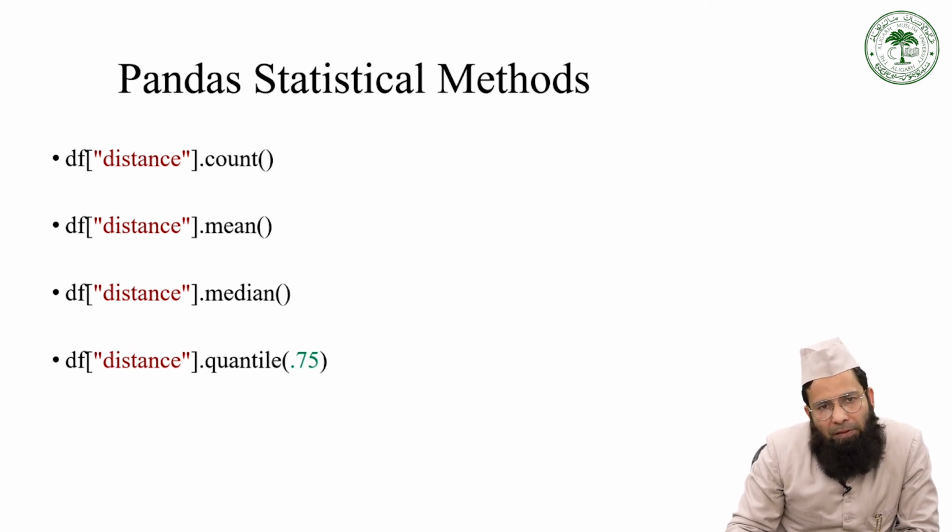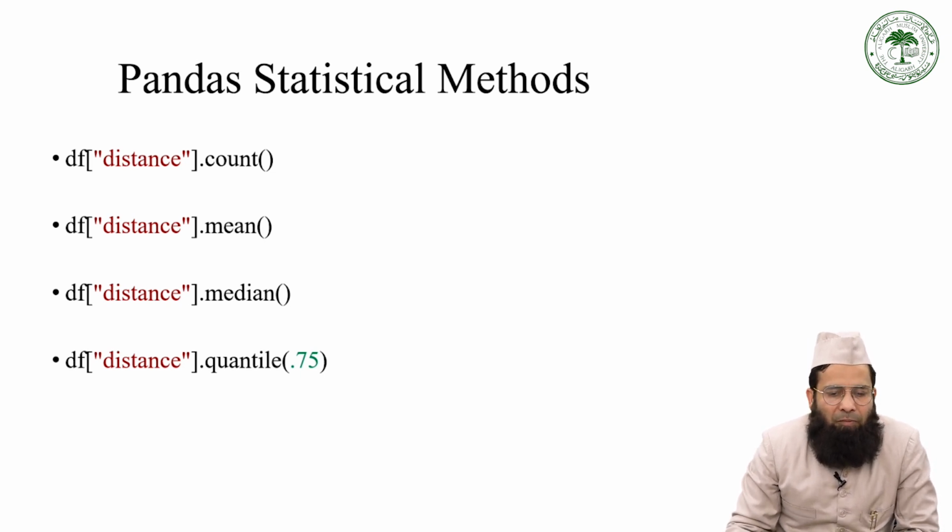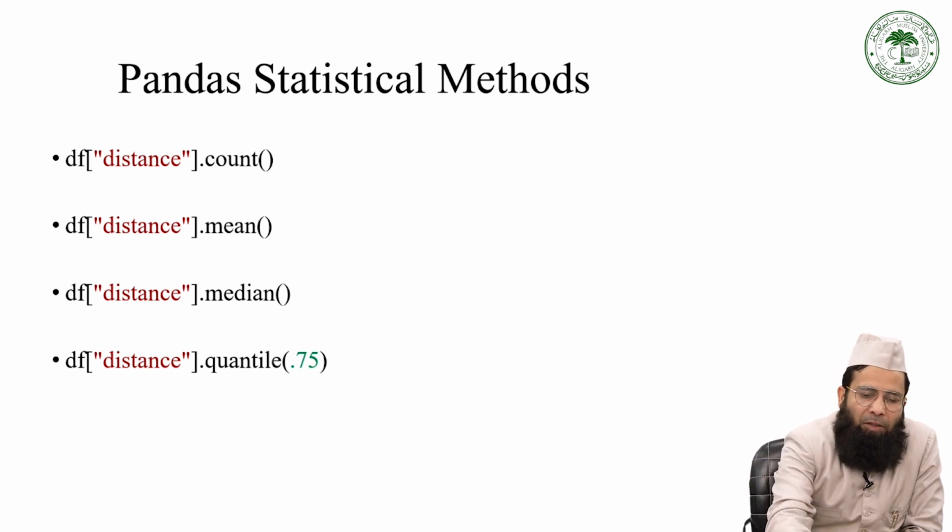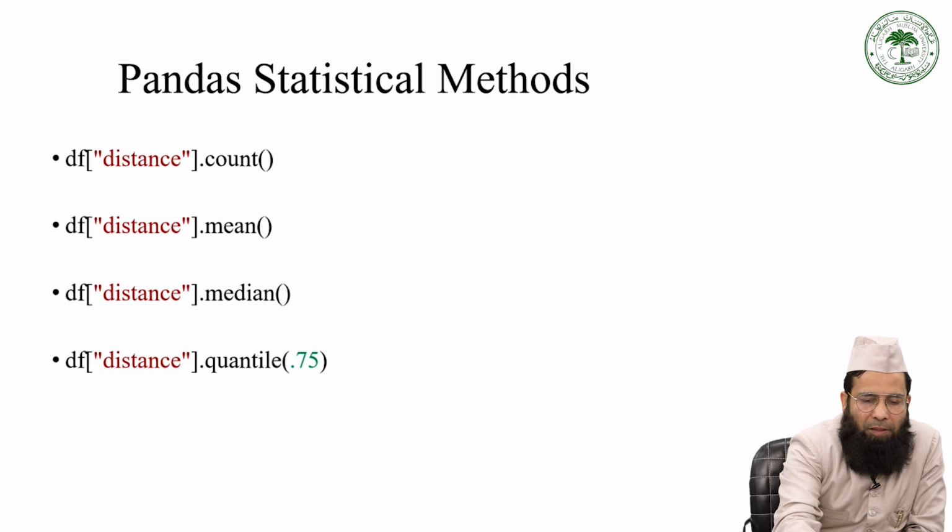Pandas has several statistical methods that we can directly utilize, very similar to NumPy. So we can find out the count of a particular column. Let's say there is a column distance.